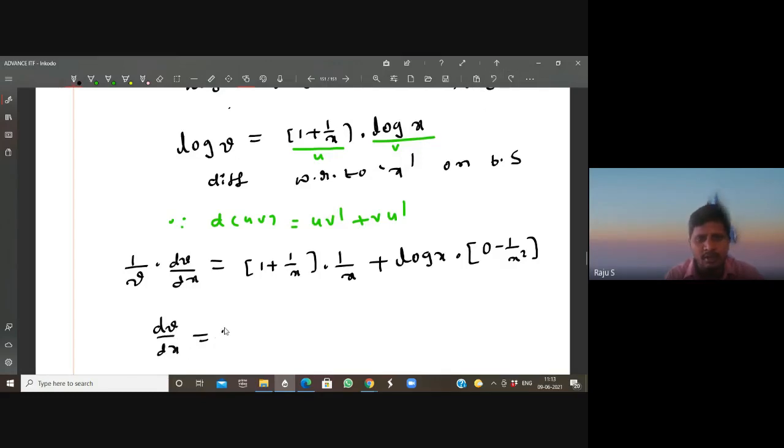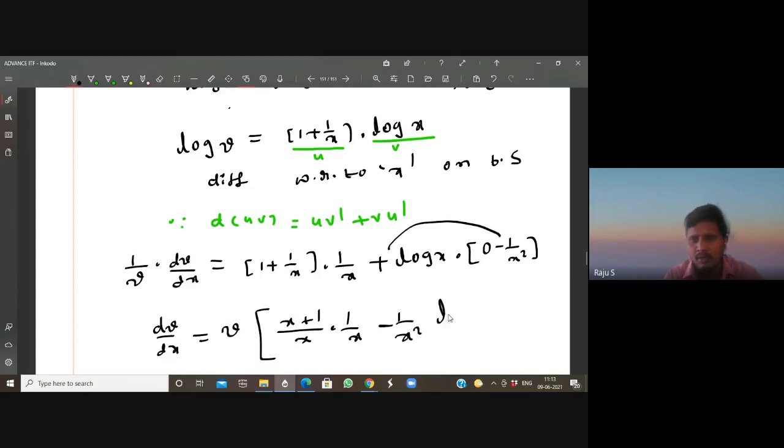If we cross multiply by v, when I take LCM here, x plus 1 into 1 by x, plus into minus, understood, plus into minus 1 by x square into log x.